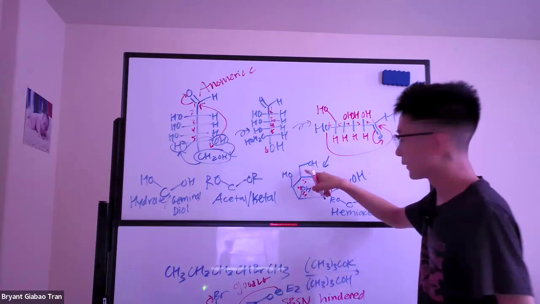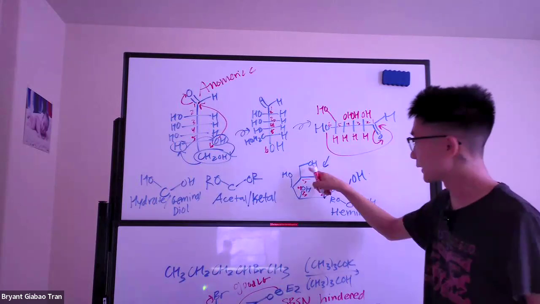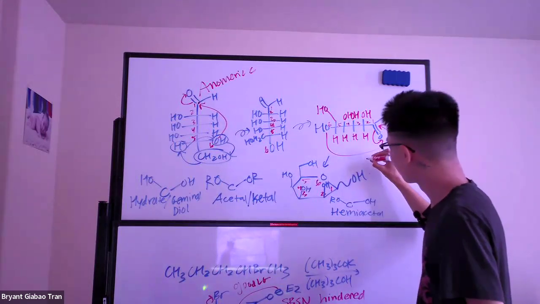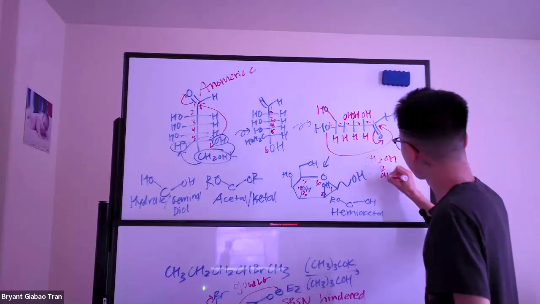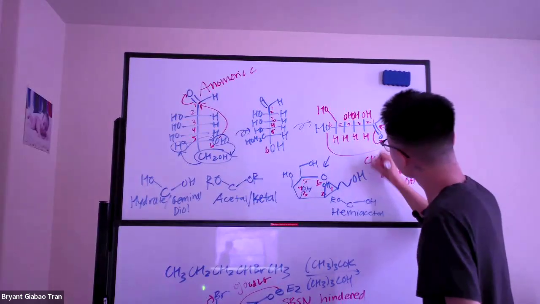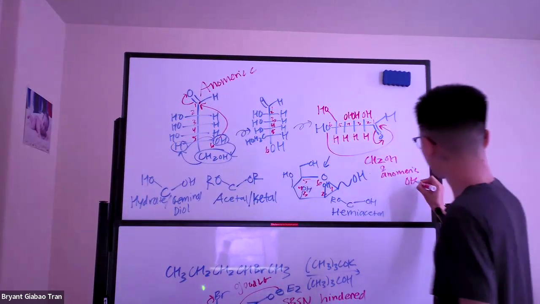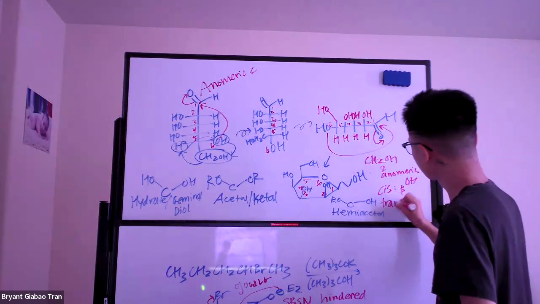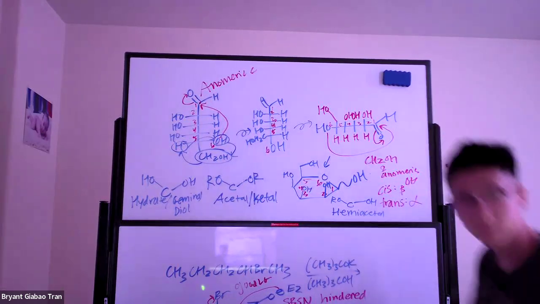Yeah, so if the OH is cis to the one that's going up on 5, then that's beta, right? Okay. CH2OH and anomeric OH cis, beta. If they're trans, alpha. Okay.